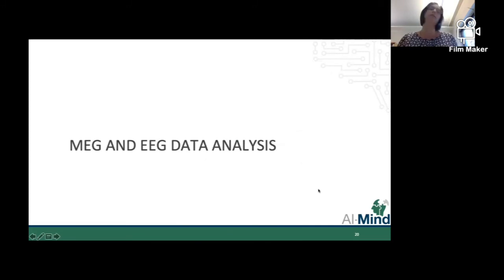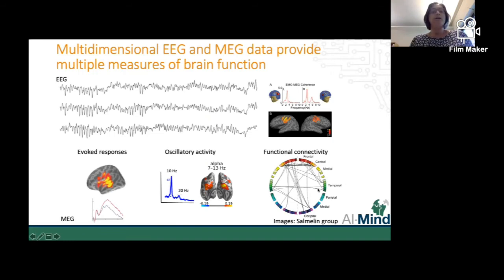Okay, so let's have a look a bit at the signals. Both EEG and MEG provide multi-dimensional time series data, and from this we can extract multiple measures of brain function. We can look at so-called evoked responses, averaged over many repetitions of some external event.